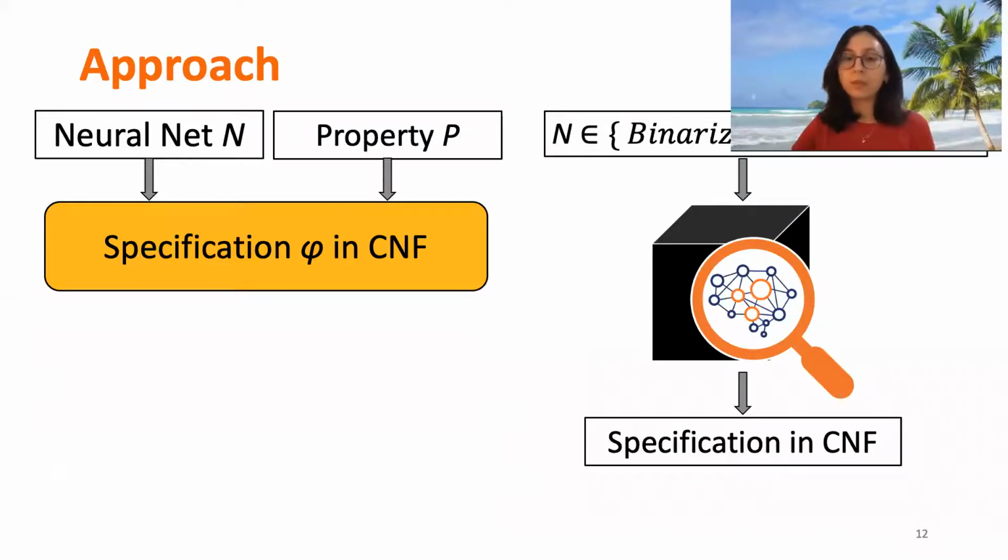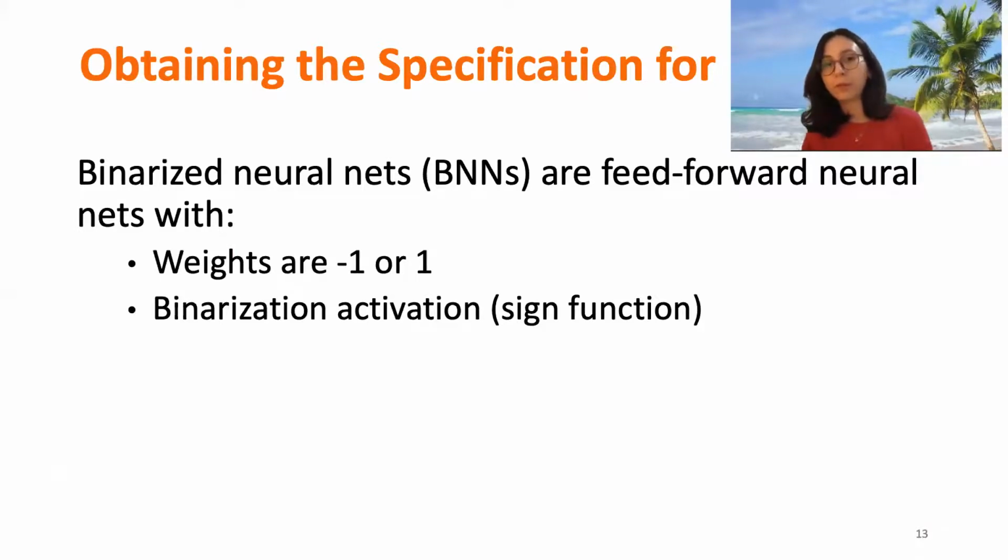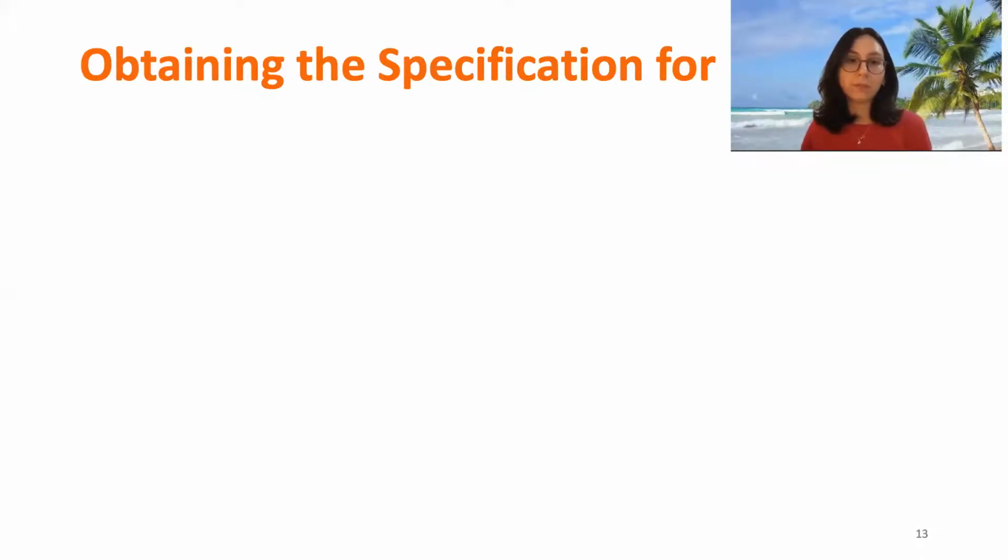In particular, we will look at a type of neural networks called binarized neural networks, and we will open the black box and look at how we can actually obtain that specification. So first of all, what are binarized neural networks? Binarized neural networks are a type of feed-forward neural networks with binary weights and sign activation functions.